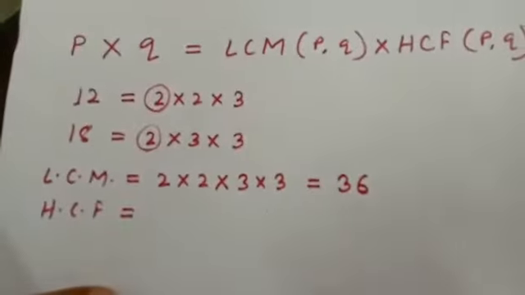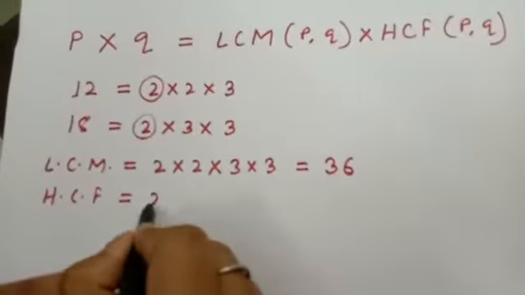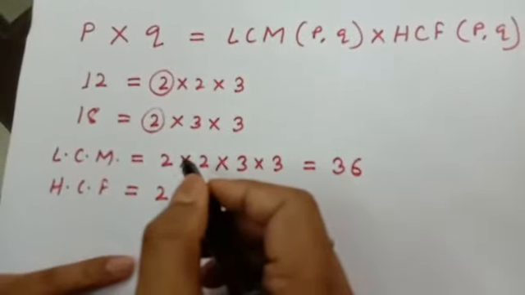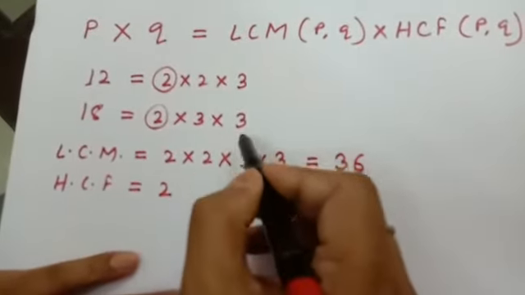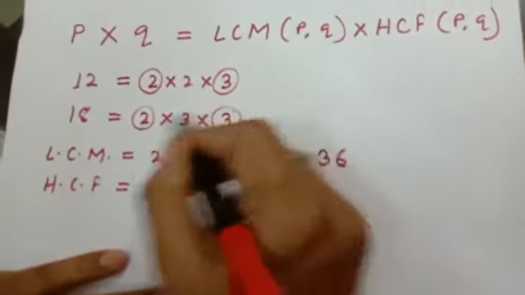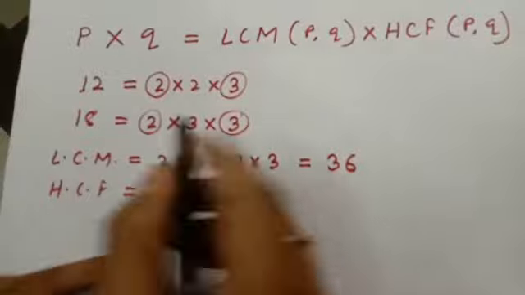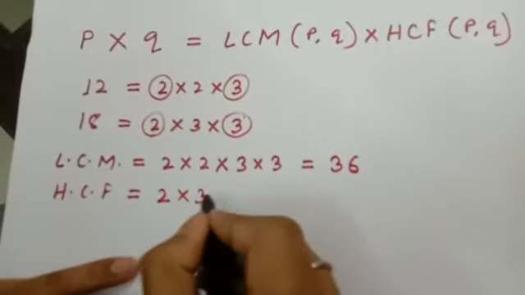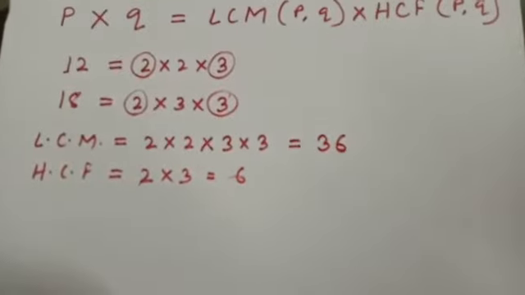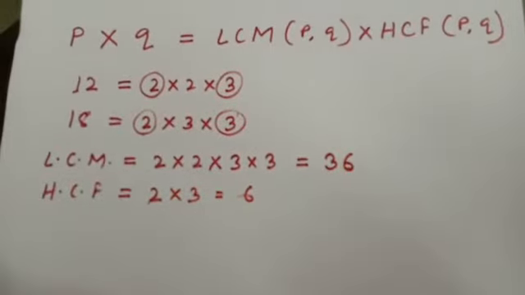So one 2 is common to both. So take 2. Then find another common prime factor, that is 3. One 3 is common to both. So take 3. So 2 3s are 6 will be the HCF of these two numbers.